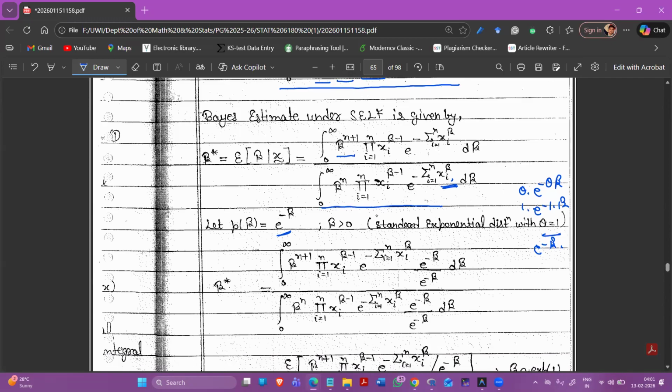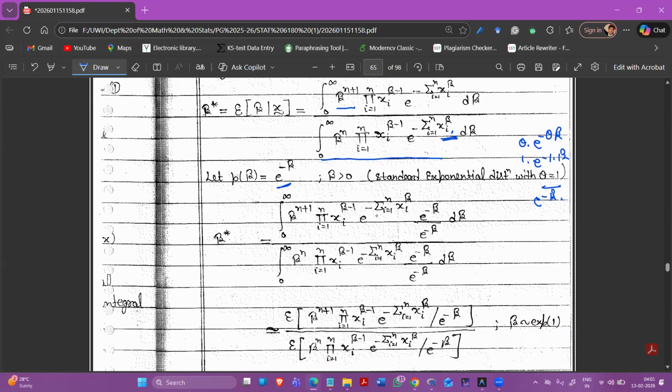So after that, what will I do? I am going to multiply and divide by e raised to the power minus beta, in the denominator and numerator. In both places, the denominator and numerator, I am going to multiply and divide by e raised to the power minus beta. Right. So here, consider this portion together.